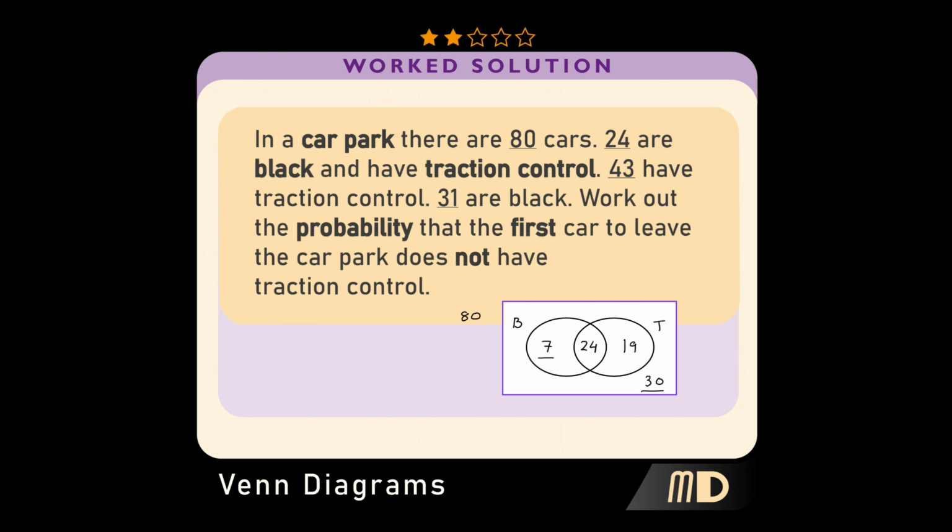That means there are 37 cars that do not belong to a set representing cars that have traction control. The probability of cars without traction control is equal to 37 divided by 80.